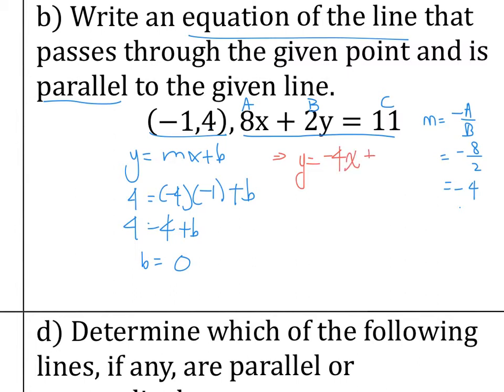Well, I'm going to show this extra step here. You don't need to write this as your answer. So therefore, y equals negative 4x. So this would be the equation of the line that is parallel to the given line 8x plus 2y equal to 11 and passes through the point negative 1, 4.